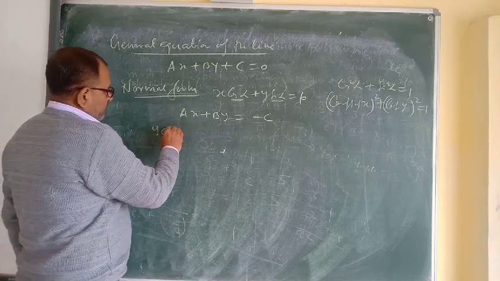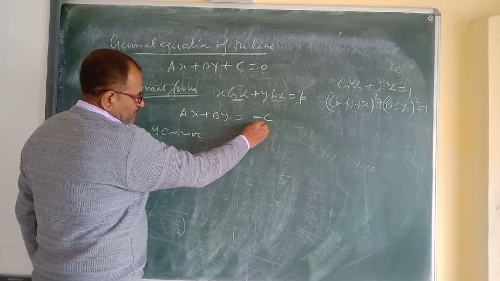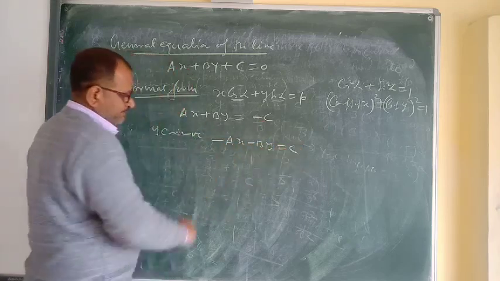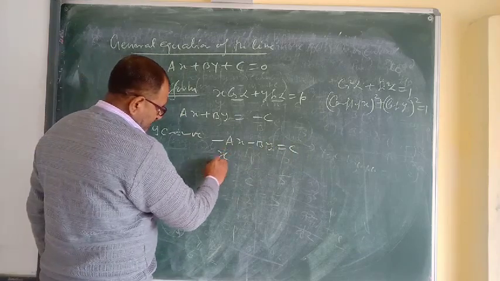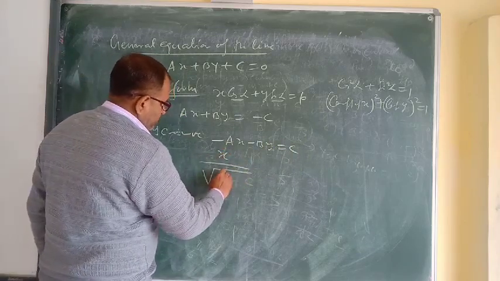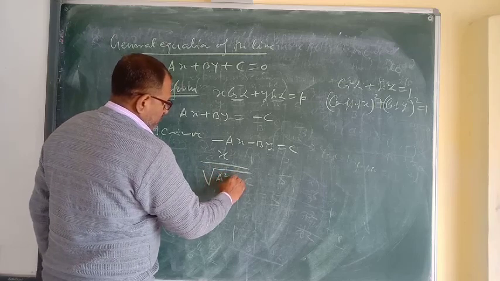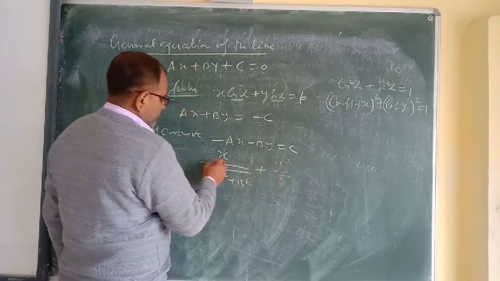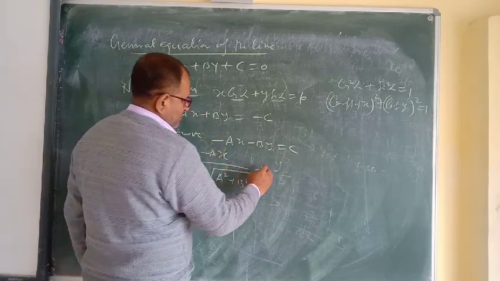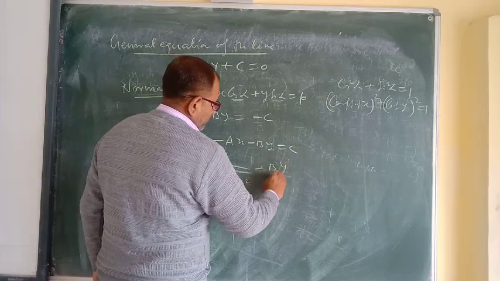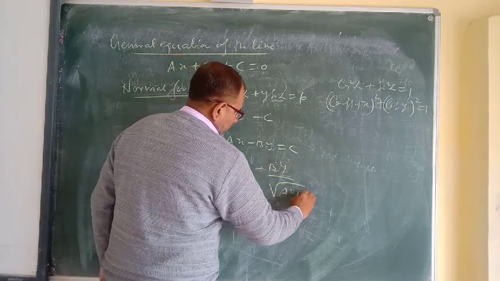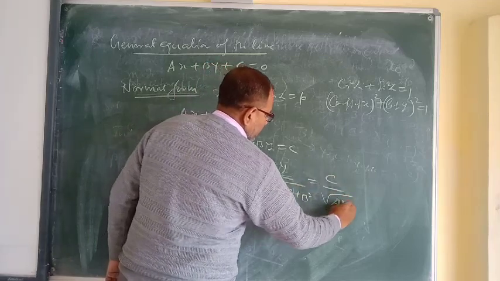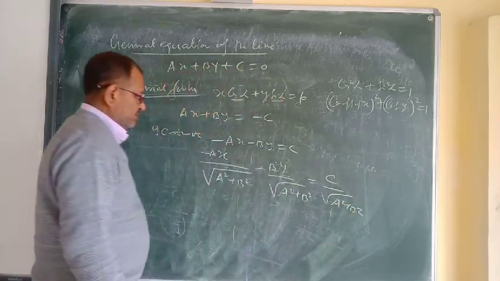So if c is negative, make it positive. We can write minus ax minus by is equal to c, and after that we will divide by under root a square plus b square: minus ax upon under root a square plus b square, minus by upon under root a square plus b square, is equal to c upon under root a square plus b square.